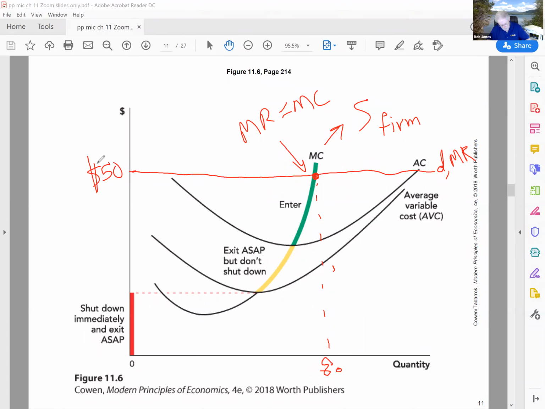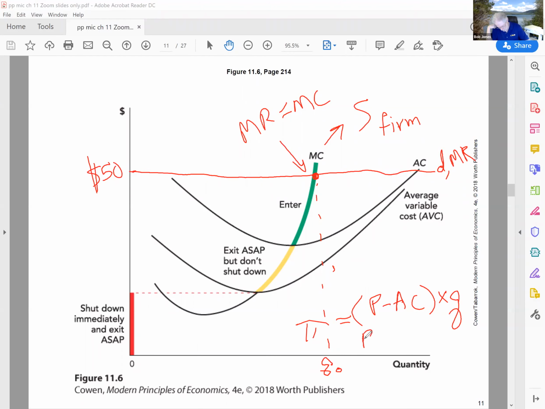If the price is 50, is there any chance that the firm will say it's not worth it to produce at all? Any chance the firm would shut down? No chance. No chance, because at $50, this firm is going to be making profit. Okay, how do you know? Well, profit is, as always, price minus AC times quantity.